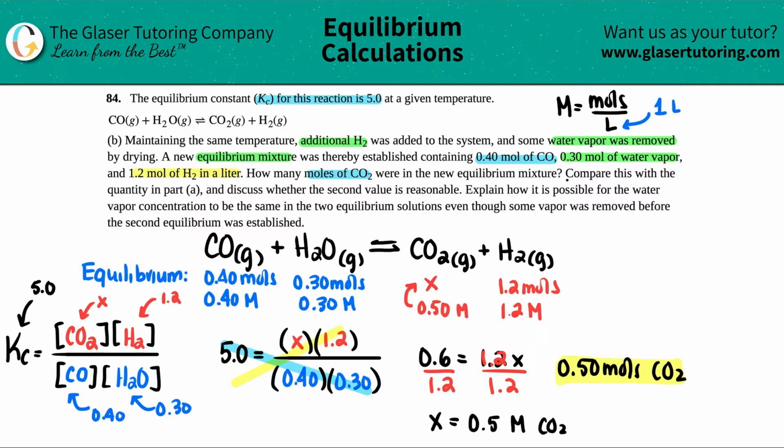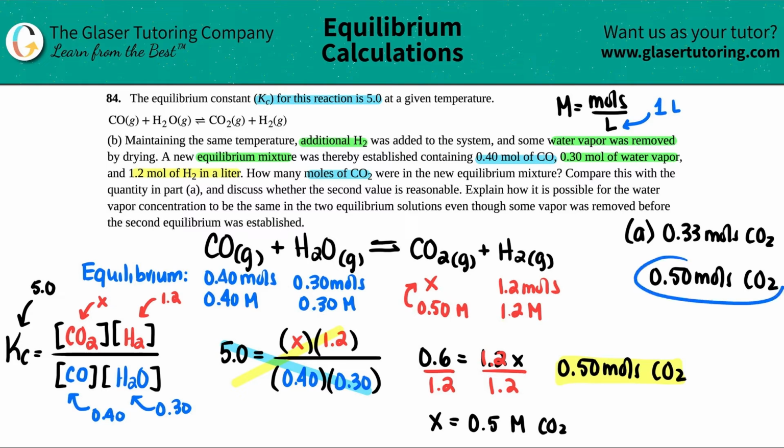Now it says compare this answer, the 0.5 moles, with the quantity in part A. So just as a recap, in part A, there was 0.33 moles of CO2. And now we have, and maybe if I could just copy and paste this, now we have an amount of 0.5 moles, right?